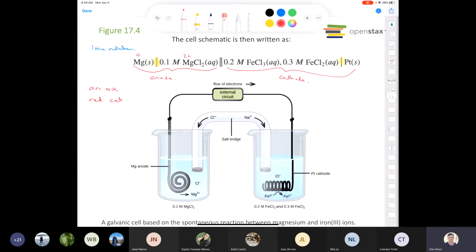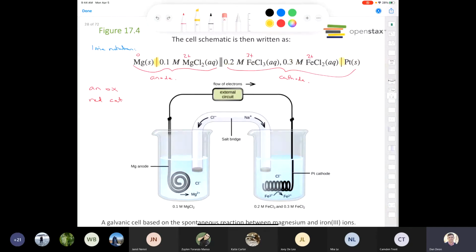What's happening here is that the iron is being reduced from iron 3 plus to iron 2 plus. But what's a little bit different on the right-hand side of the salt bridge is we list the concentrations of the solutions. We have iron 3 chloride and iron 2 chloride. Here we have both of their concentrations, so we put those in here.